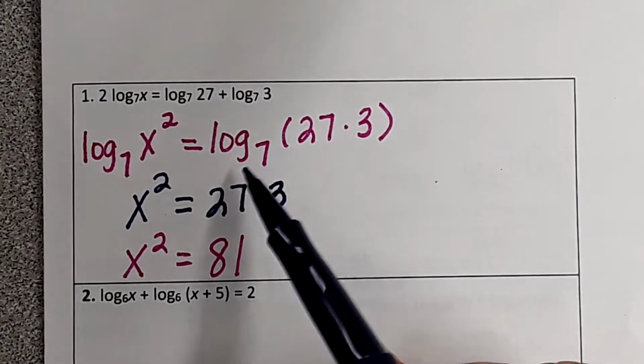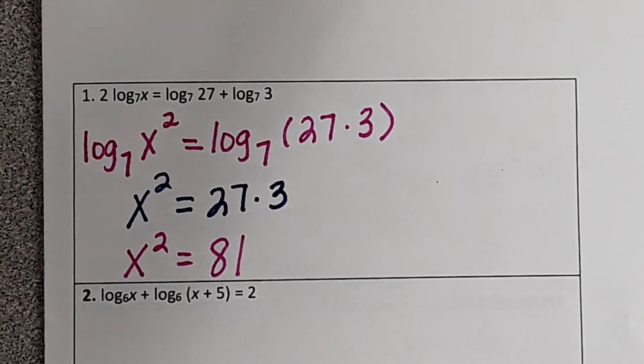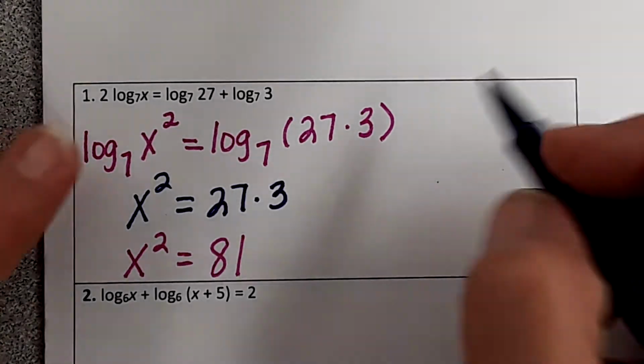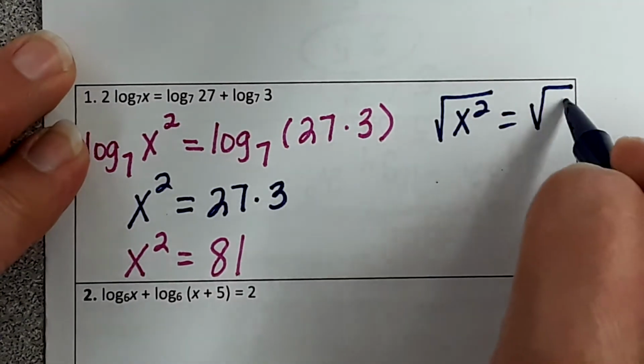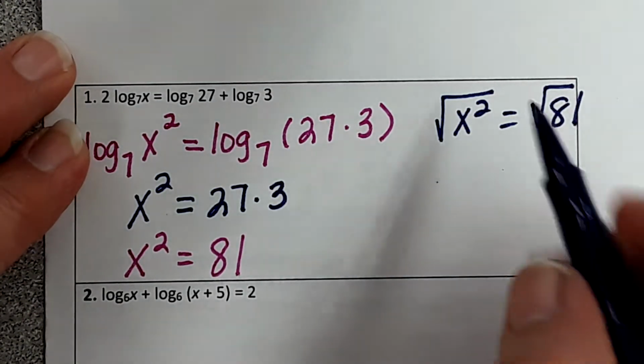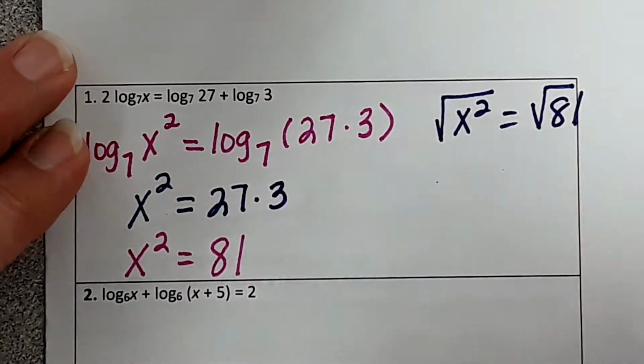So again, I just used my product rule that says if you have an addition problem and the bases are the same, you can change it to a multiplication. Now, how do I solve x squared equals 81? We're going to take the square root of x squared, and the square root of 81.